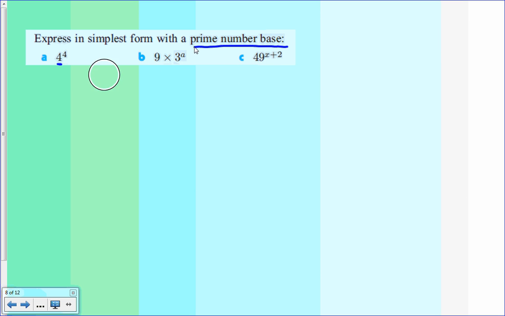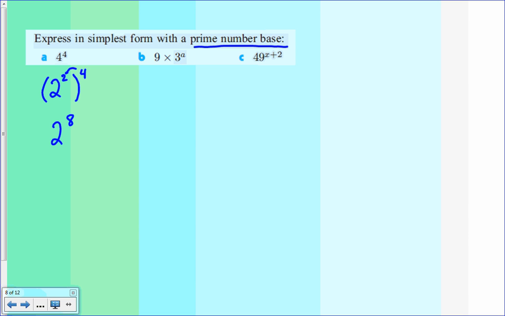So let's think about how we can get 4 from a prime number. Well, 4 is 2 squared, and I'm going to raise that to the power of 4. So now I can use my exponent laws, or my index laws, to say that if I raise a power to a power, I multiply the exponents, and that will be 2 to the power of 8.